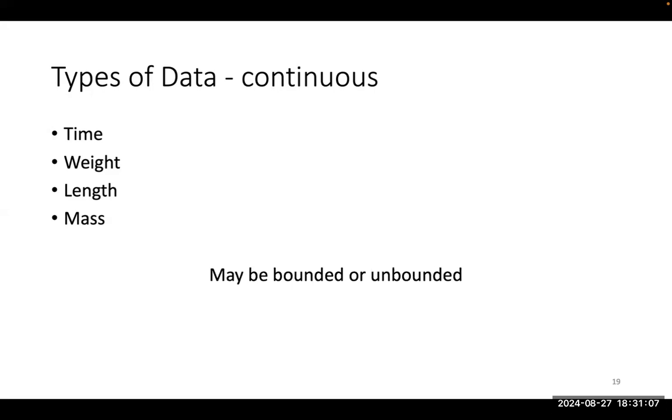These data can be bounded or unbounded, meaning they have physiological limits that are just given by the nature of that variable. For example, if you have a heart rate that is not possible and not to be seen as viable, you would see this as a natural bound to that data, logically.